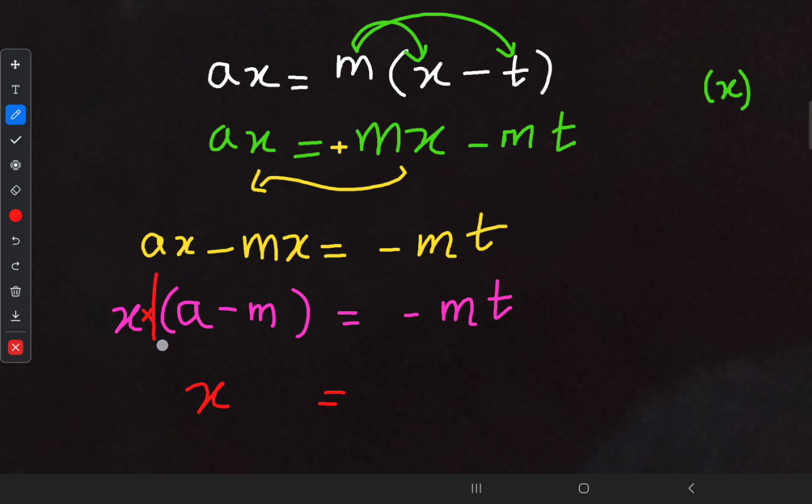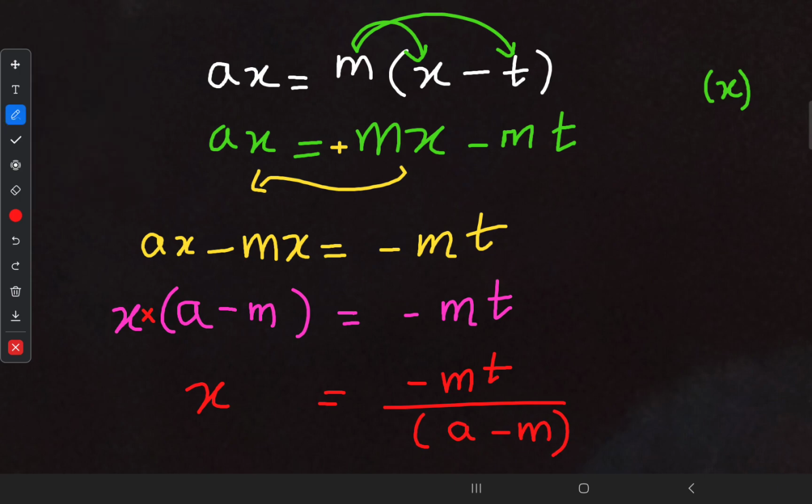This whole expression is multiplied with x, so let's bring it to the other side as a divisor. x equals negative mt upon a minus m.